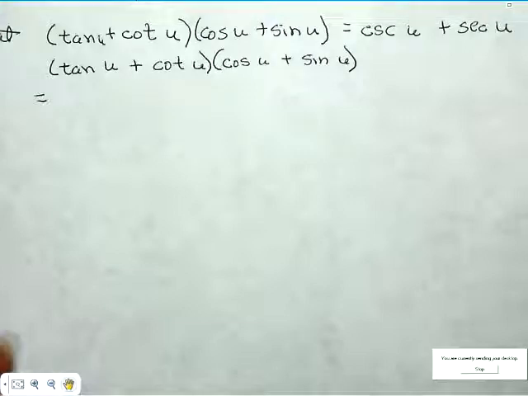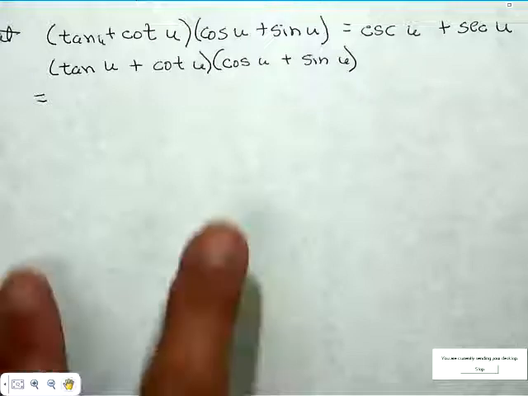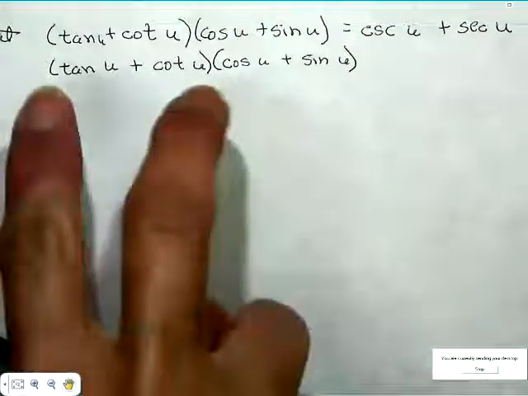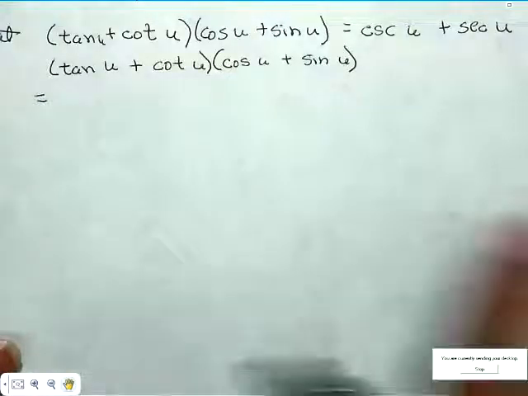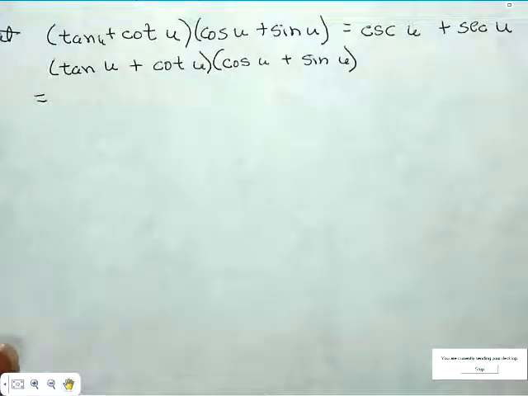Kaylee, what can you think of to try? Whether it's the best thing or not, what can you think of? All right. Actually, it makes sense to do two things here, and it doesn't matter in what order you do them. Either you can rewrite in terms of sine and cosine and then multiply, or you can multiply and then write in terms of sine and cosine, but I think you'll have to write it eventually in terms of sine and cosine to see what cancels. I'm like you, I did my multiplication first.